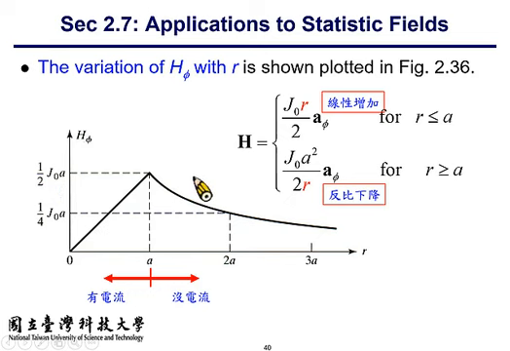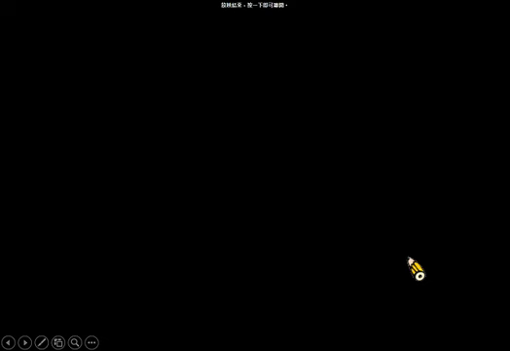On the other hand, if R is greater than A, then the magnetic field intensity becomes smaller and smaller as the distance R gets further away from A. So you have this curve. It's concave up. The curve that bends upward is called concave up. Okay. All right. So that should conclude our discussion.